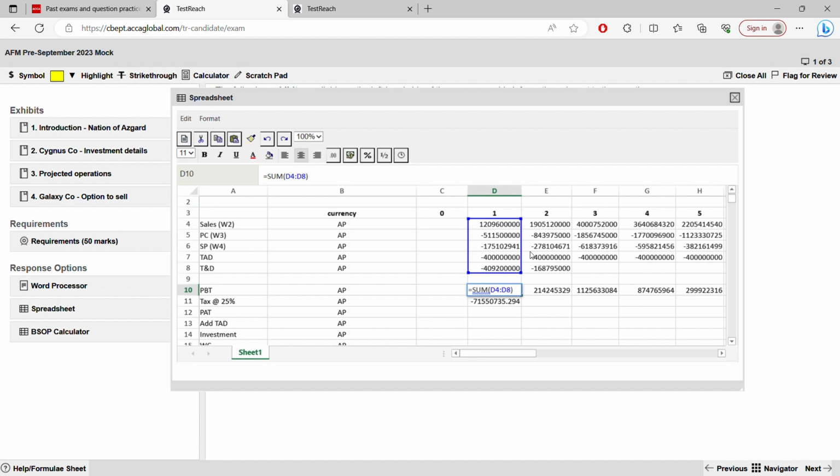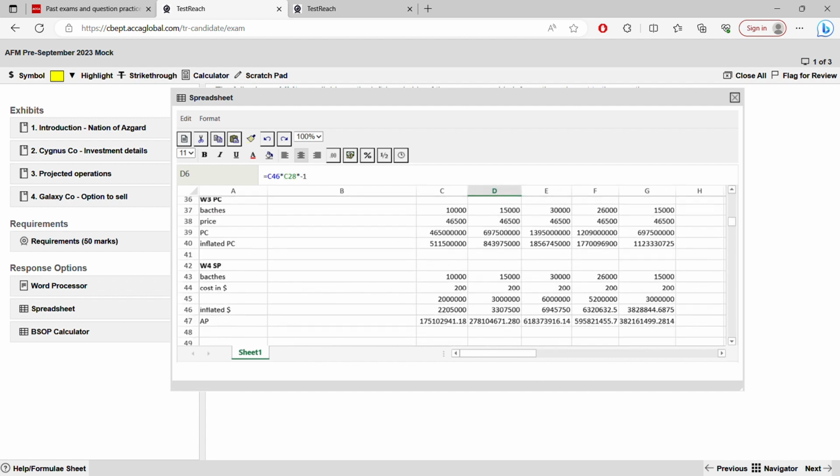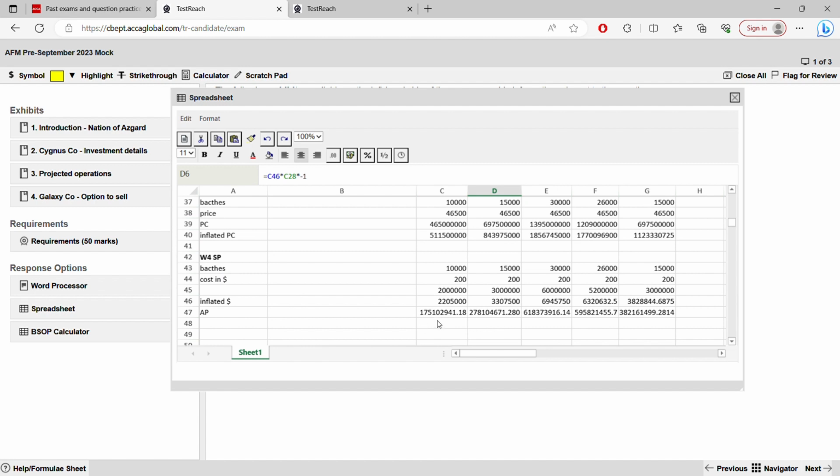There is some mistake, and the mistake is in the special packaging working, because this amount is not matching with the answer. So I need to go to my working. And yes, you see the mistake in the special packaging is here.